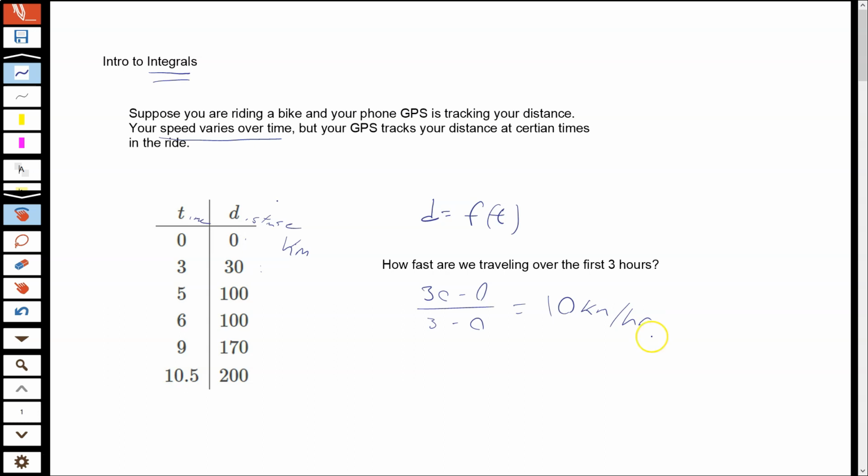Now we're going to do one more question here. How fast are we traveling on the interval t from 3 to 5? Well, in that case, we do 100 minus 30 over 5 minus 3. So that ends up being 70 over 2, which is 35 kilometers per hour.